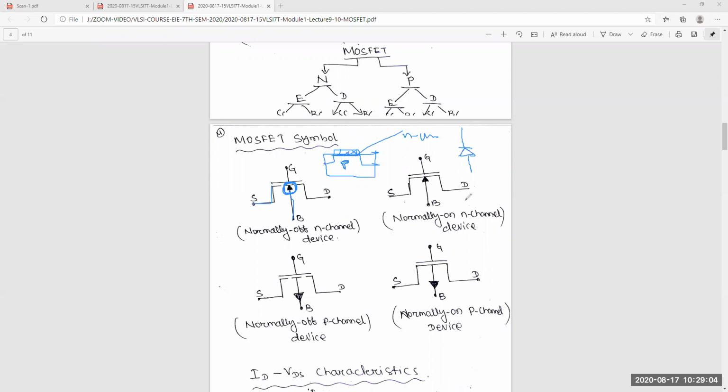Similarly, for normally on, you can see here the channel is continuous. It's normally on, meaning without giving any voltage the channel is there. That's why it's continuous. This is the only difference. Similarly, for a P channel device, this part will be different. Because in P channel, this is your N and this inversion charge is P. So now the PN will be formed.